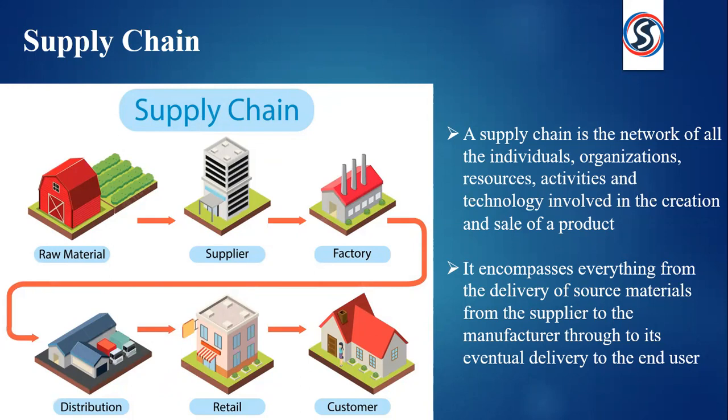So the raw material is very important in the supply chain process. Now, the amount of time that it takes any of these processes from start to completion is known as the lead time.